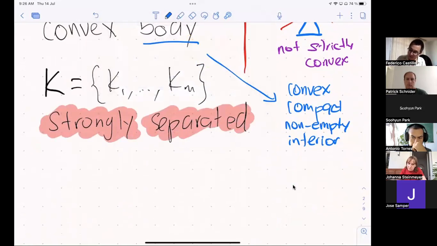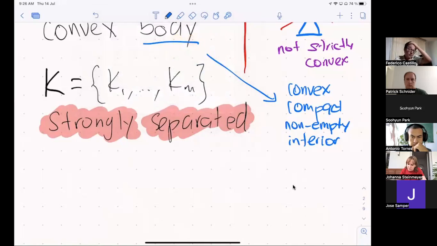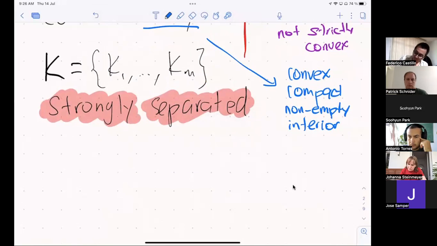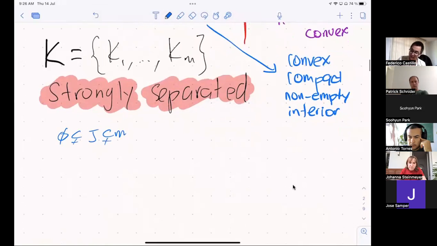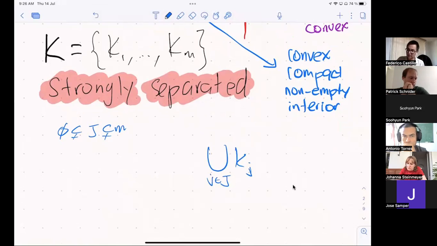Okay, so what is the definition here? There are several definitions in the literature, but to me, the most intuitive one is this one. For any subset J that is non-empty and not the whole thing, I can separate the set, the union of the K_j, j in J, which is not convex.